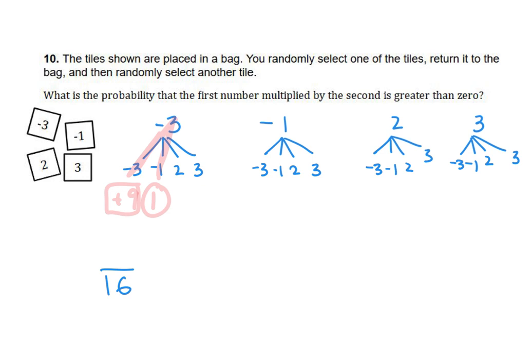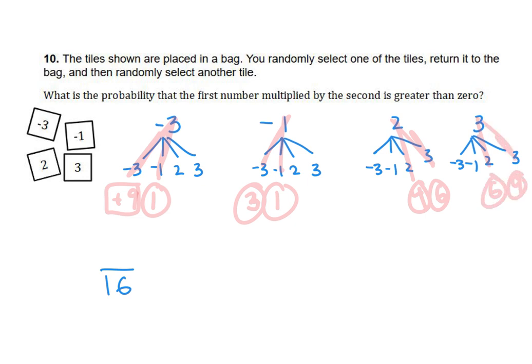In our second, we have negative 1 times negative 3. That is positive 3. And negative 1 times negative 1 is 1. And then in our third, we have 2 times 2 is 4. 2 times 3 is 6. And 3 times 2 is 6. And 3 times 3 is 9.